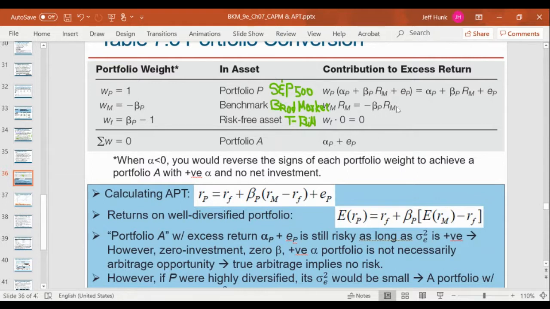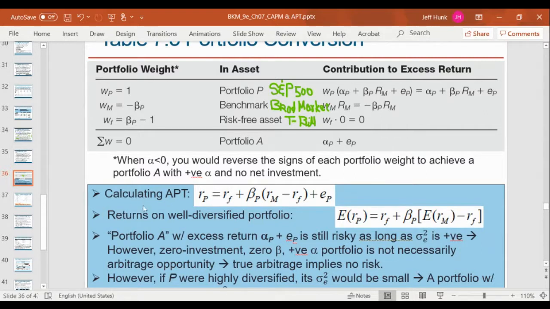And because beta is negative, it will be counter-contributing to the excess return. And there's no excess return in the risk-free T-bill, right? So when alpha is negative, you would reverse the signs of each portfolio weight to achieve an arbitrage portfolio with a positive alpha and no net investment.